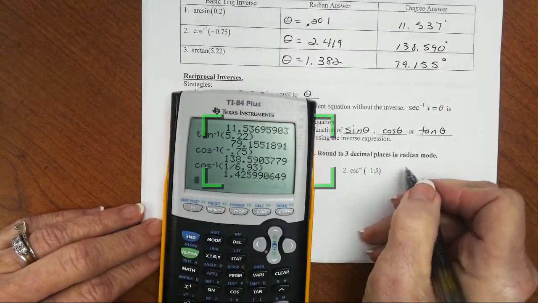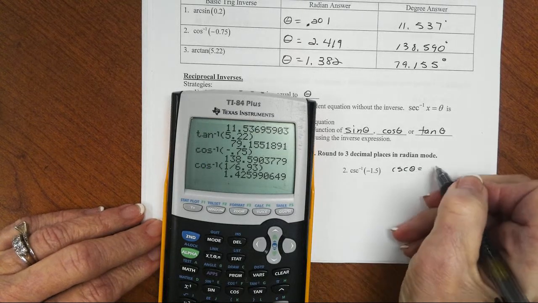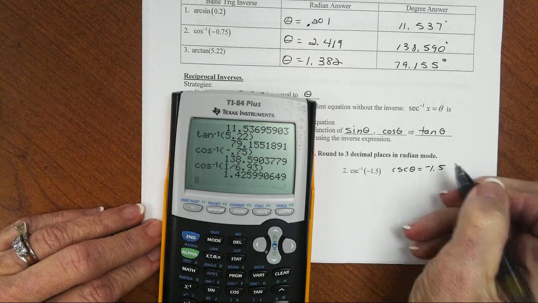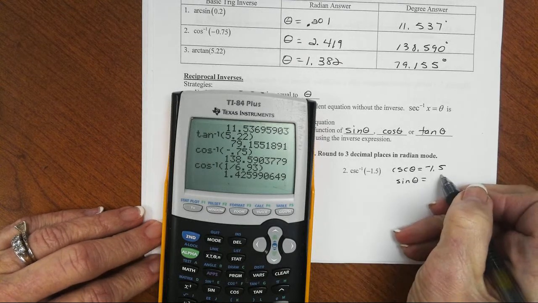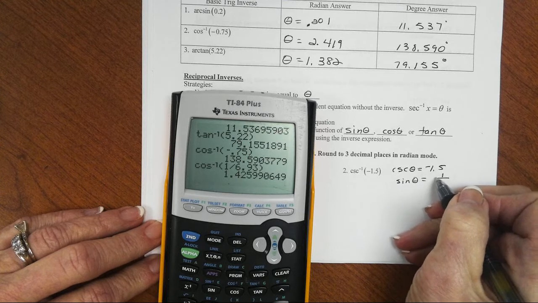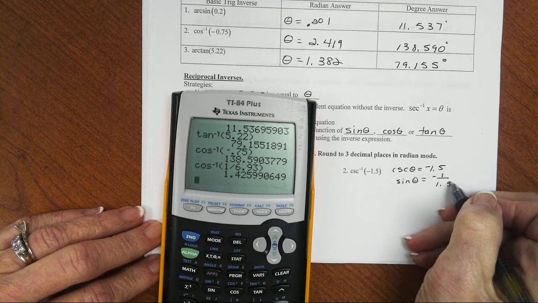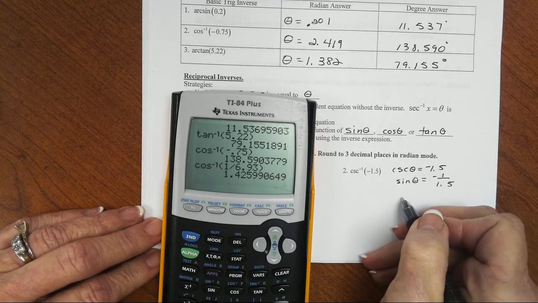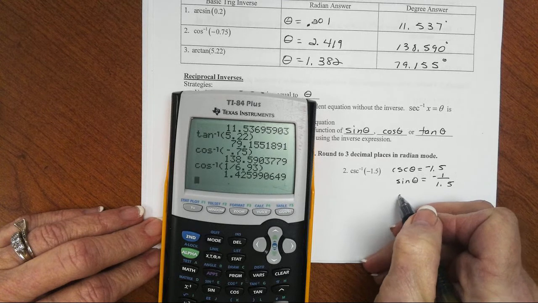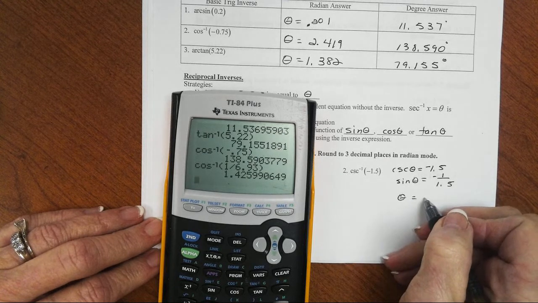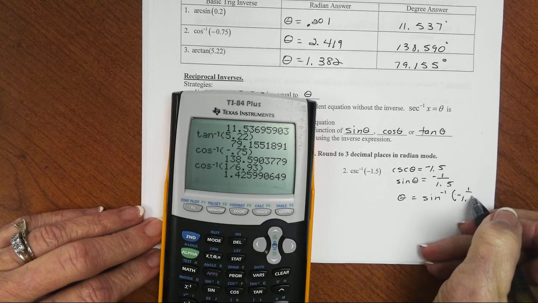We could do that again for cosecant, and we will. The cosecant of theta is equal to negative 1.5, which means that the sine of theta will equal negative 1 over 1.5. And then writing that as an inverse, theta is equal to the angle whose sine is negative 1 over 1.5.